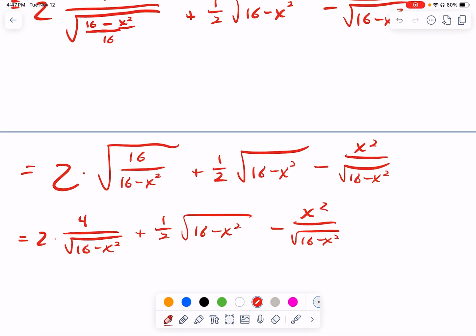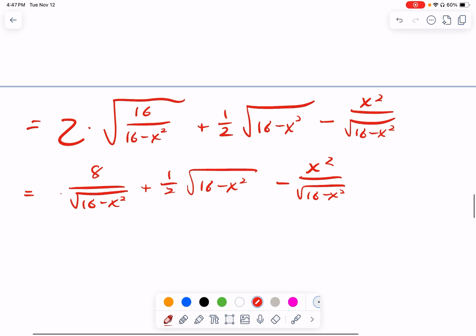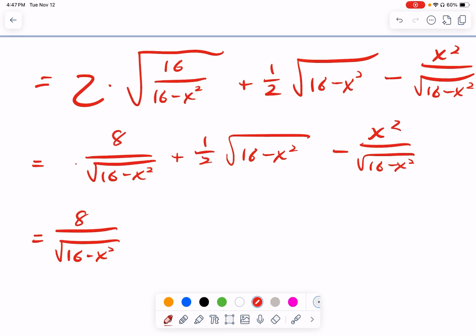And 2 times 4 is 8, so I'll just adjust that here. So I have 3 different expressions. And I'm going to create a common denominator. So here I have 8 over 16 minus x squared. Actually, let's make my common denominator 2 times that, because I actually have a fraction.